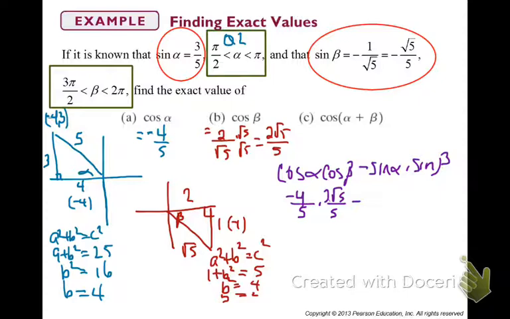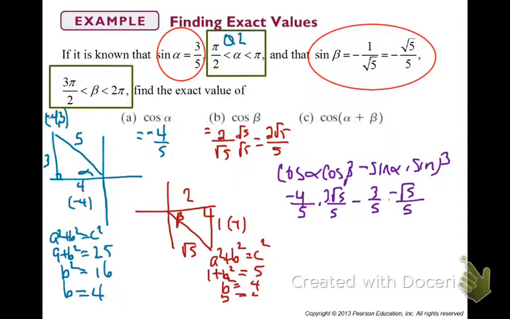Sine alpha, we know, is 3/5. And sine beta, we know, and this time you'll use the rationalized form, is negative square root of 5 over 5. Now you're going to go back and clean it up.